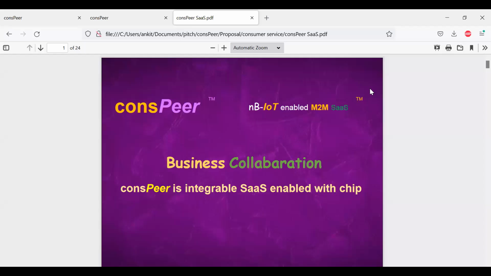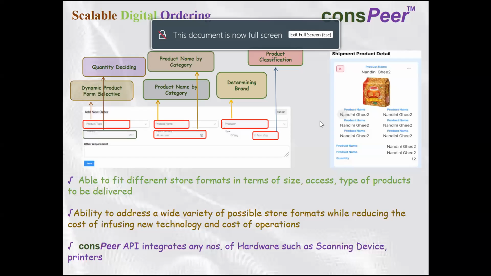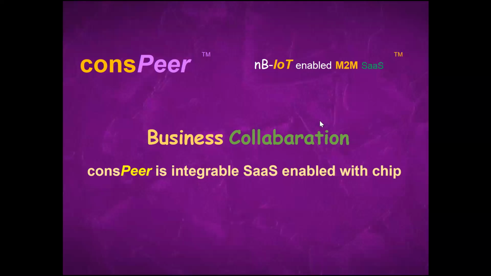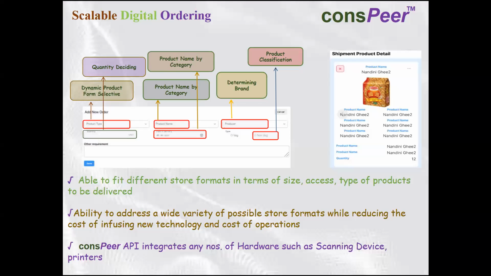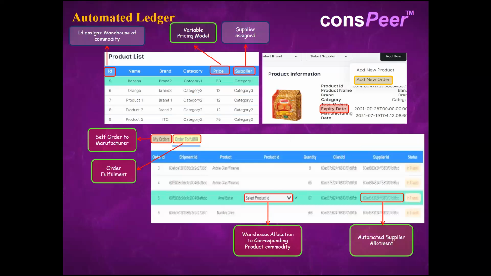Here we will go to the presentation. This is consPeer SaaS, a machine to machine, IoT enabled, chip enabled SaaS. We have scalable digital ordering. You get how it is made, the various expiry dates, and my orders to fulfill.